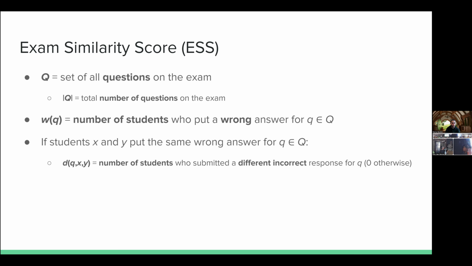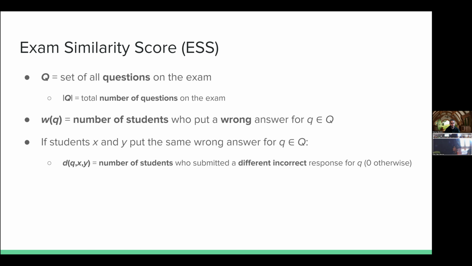Let D of q, x, y, D for different, denote the number of students who also got question q wrong, but put a different wrong answer than the one that X and Y put. And let this value be 0 otherwise.